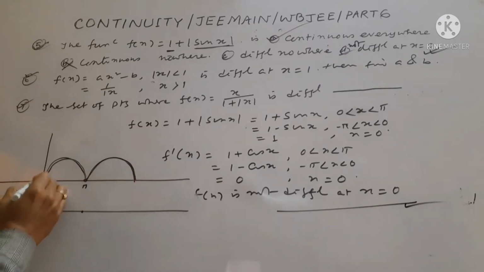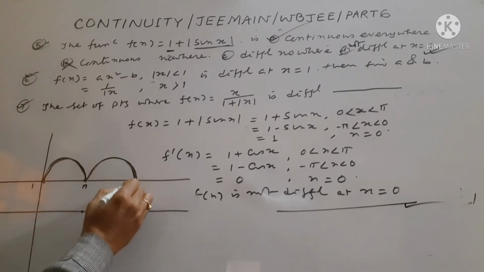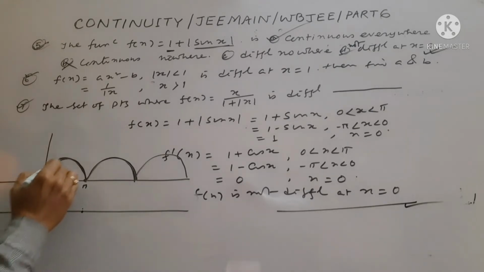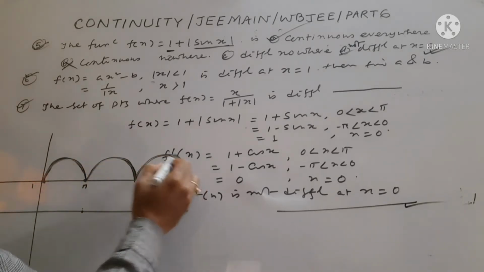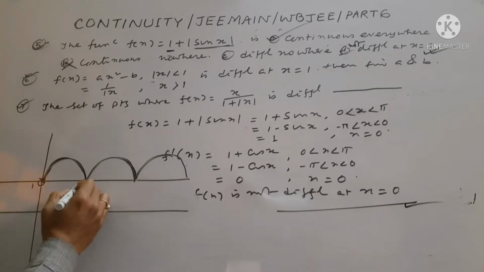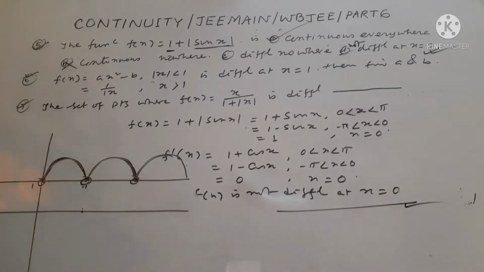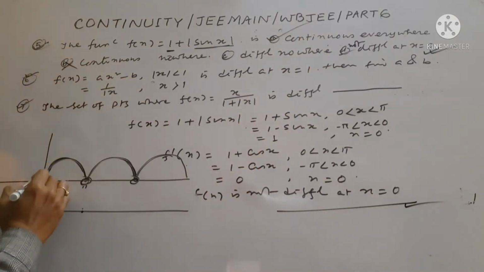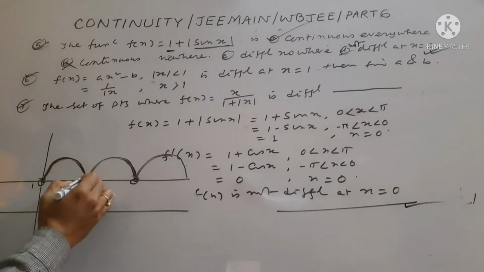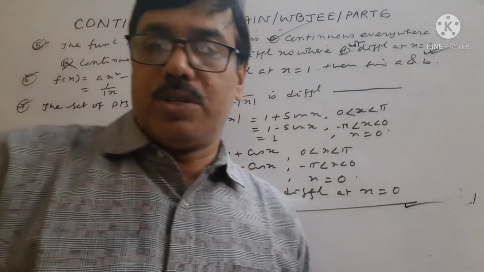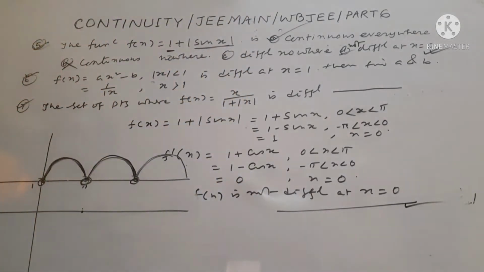Mod sin x for x greater than 0 is 1 plus sin x. From the graph it is continuous everywhere, but it is not differentiable at 0, pi, or 2 pi. So differentiable nowhere is not correct. It is differentiable in between 0 to pi, and pi to 2 pi. So this is also verified from the graph.